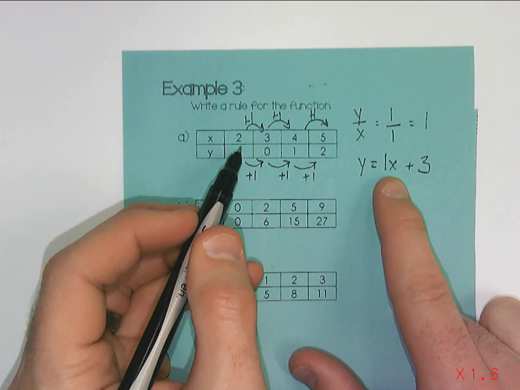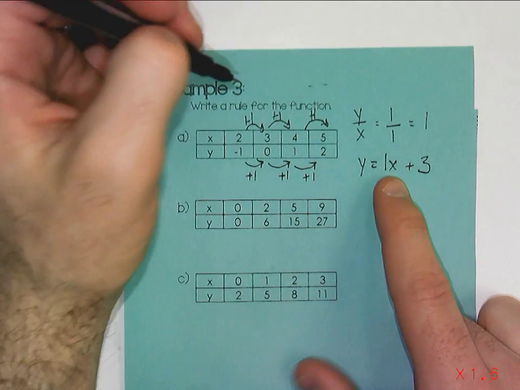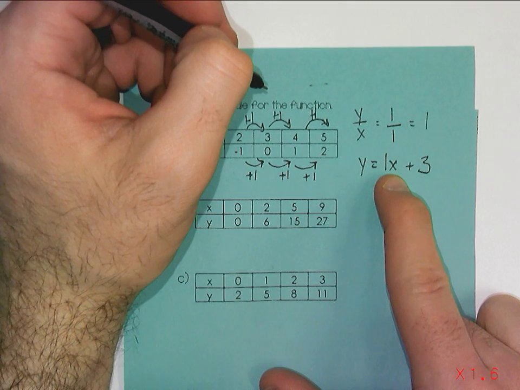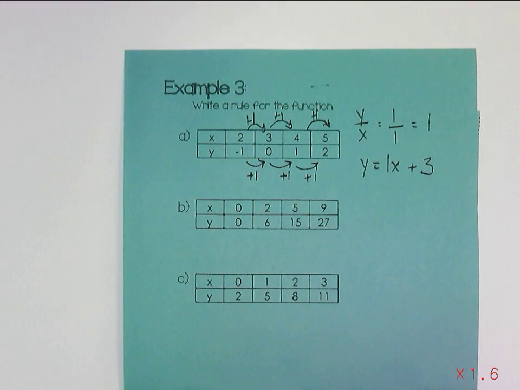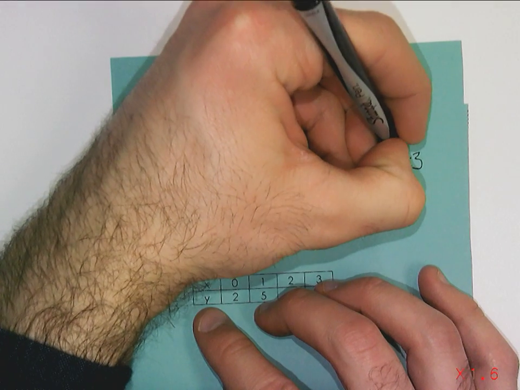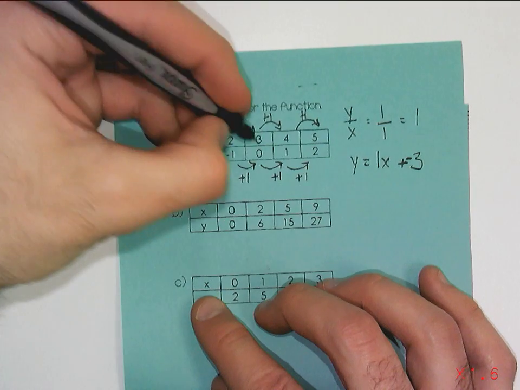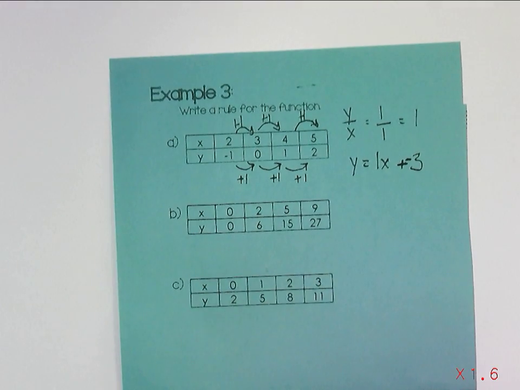So if I put that in there, this isn't coming out quite right. Well, we'll come back to that one in a second. I'll have to take another peek at that. But for this one, 1 times 2, no, that wouldn't give me negative. We need minus 3 here. So this should be plus negative 3. So we don't quite have the right rule here.